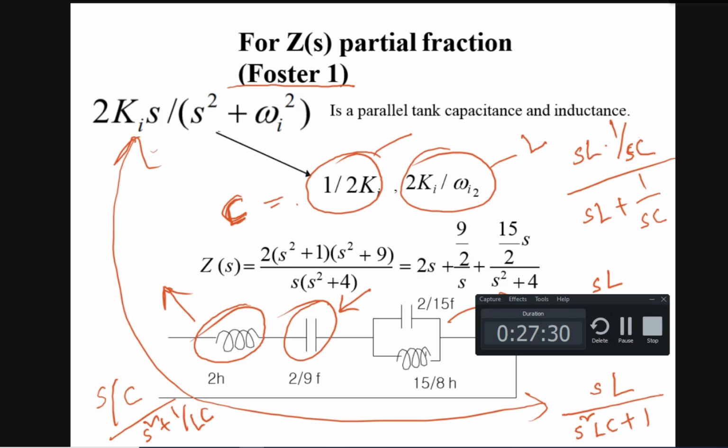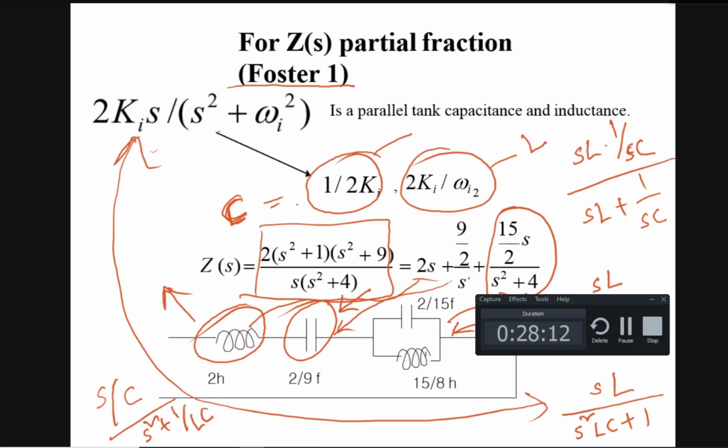Then each intermediate term corresponds to 2K_i times s by (s squared plus omega_i squared). For example, in this case, 2(s squared plus 1)(s squared plus 9) by s(s squared plus 4) can be expanded like this. So 2s is the 2 henry here, and 9 by 2 by s corresponds to this capacitance, and this corresponds to the parallel combination of capacitor and inductor here.